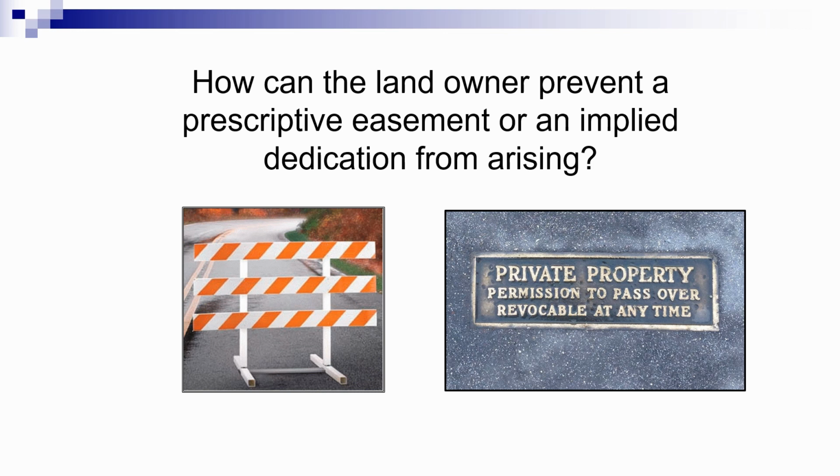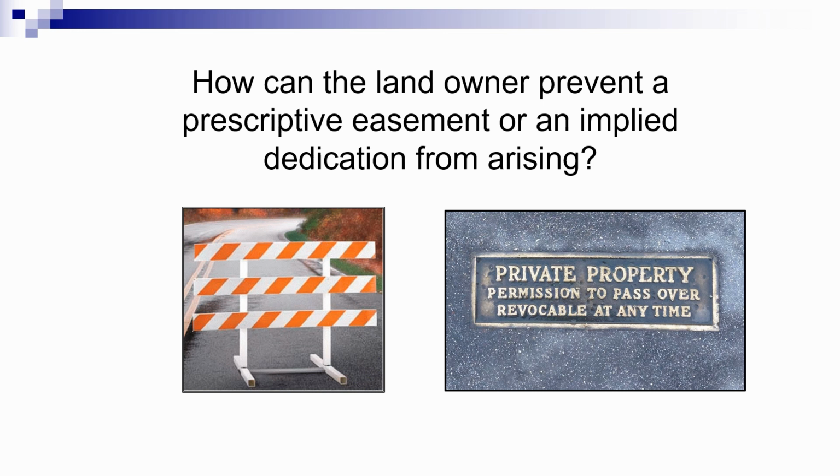The other standard method, and on big city sidewalks, you'll sometimes see this, where buildings have been set back from the boundary line of the property, you'll see a little plate in the cement that says private property, permission to pass is revocable at any time. The point of that language is to indicate that the use is permission, and therefore it won't be a prescriptive easement because it won't be non-permissive.